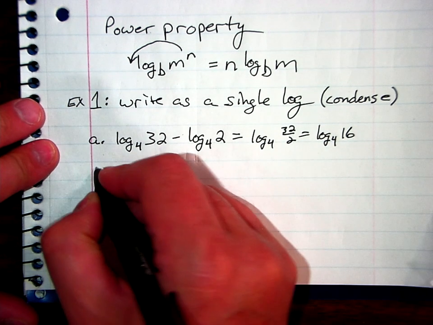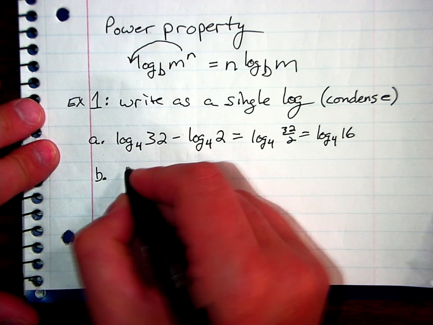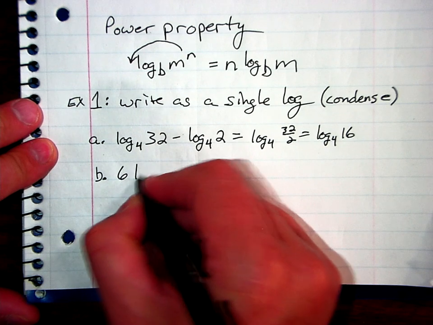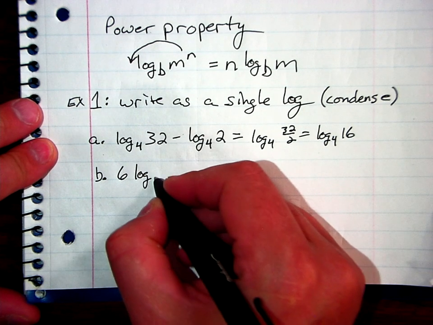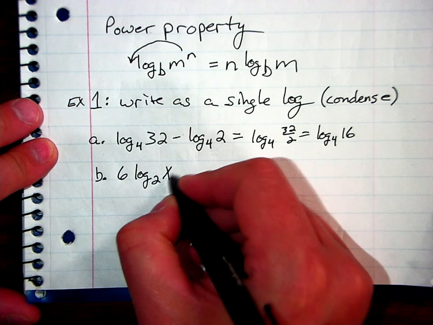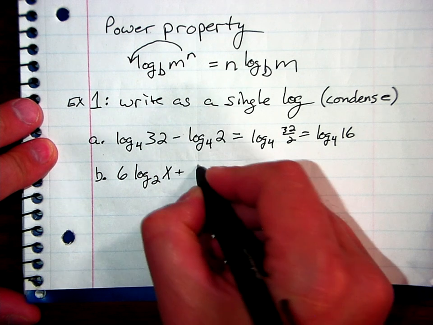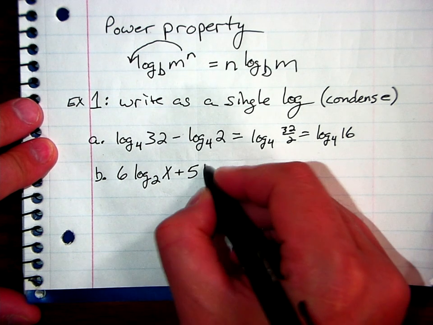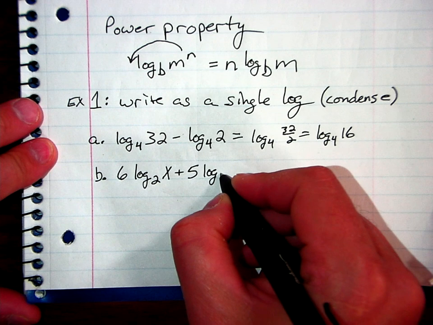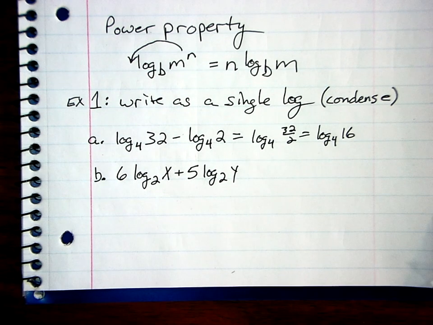That's A, so we have 5 left. B: 6 log base 2 of x plus 5 log base 2 of y.